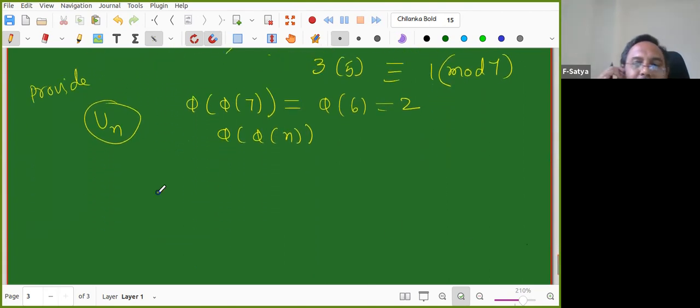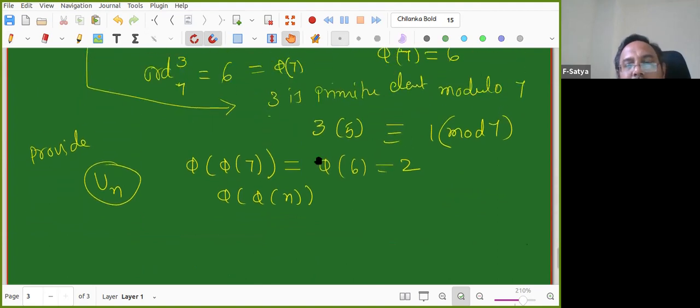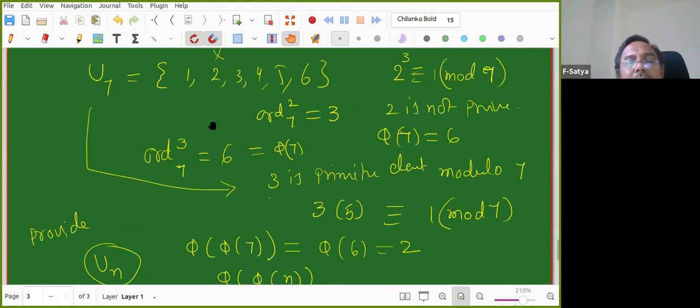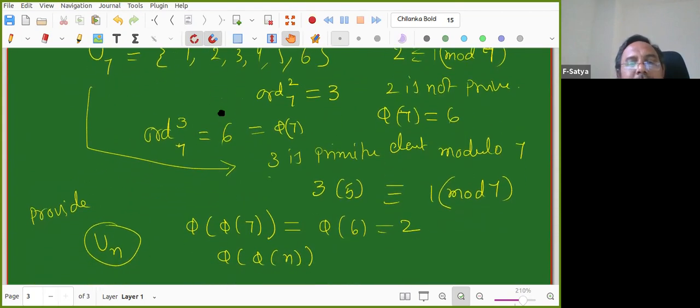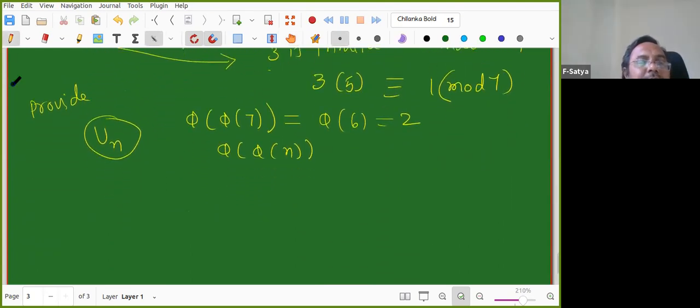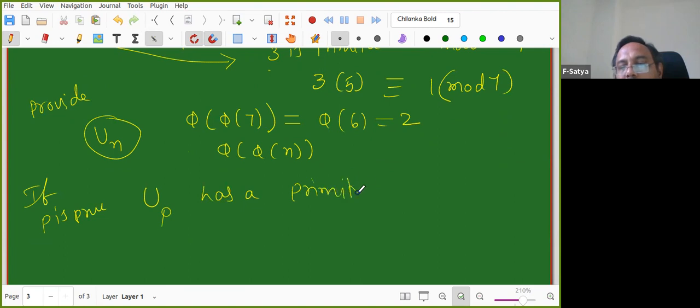Okay, so I hope it is not very heavy. I have not proved it, but I request all of you to remember one thing: U_p is cyclic, and cyclic means it has a primitive root modulo p. So for safety in future, if p is a prime number, U_p has a primitive root modulo p.